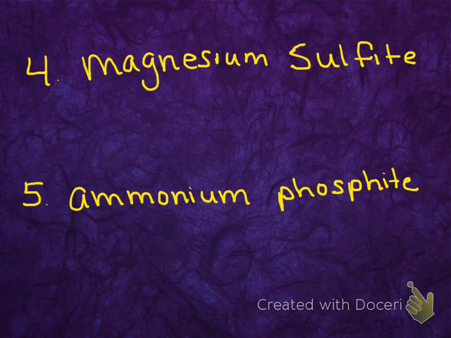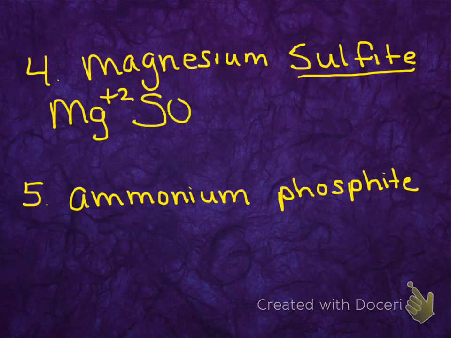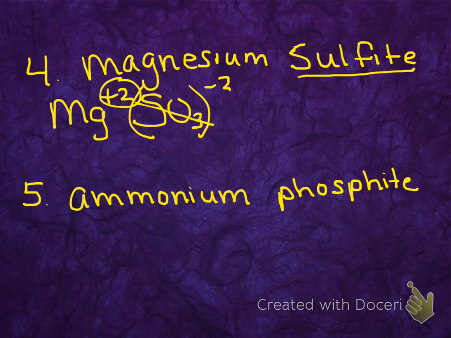A couple more practice. Magnesium sulfite. So we know that magnesium is Mg. It's got a +2 charge. Sulfite, ITE ending, that's a polyatomic ion. Look at your polyatomic ion chart. Sulfite is SO3 with a -2 charge. We crisscross our charges down.